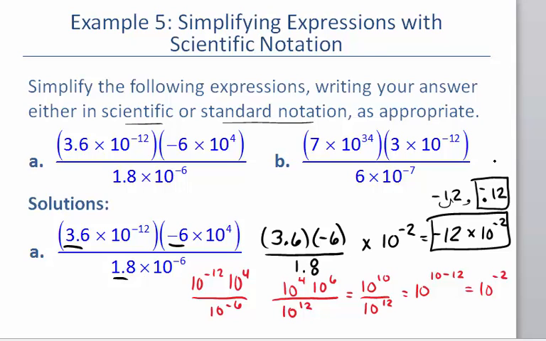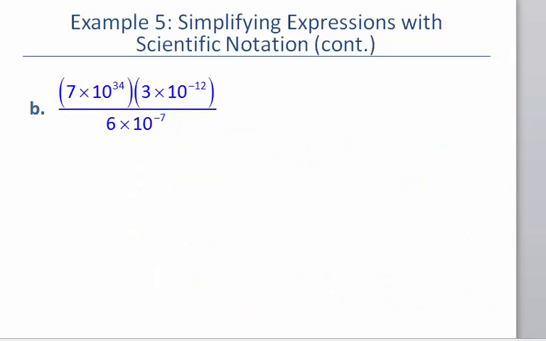All right, let's try this one more time. So we have one more problem to look at here. Again, we're going to separate the numbers, so the A parts, from the powers of 10. So our problem reads 7 times 10 to the 34th times 3 times 10 to the -12, that's the numerator, and the denominator will be 6 times 10 to the -7.